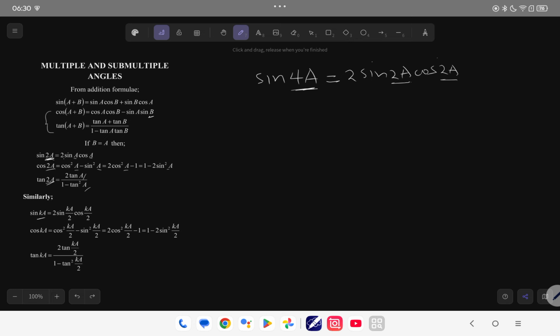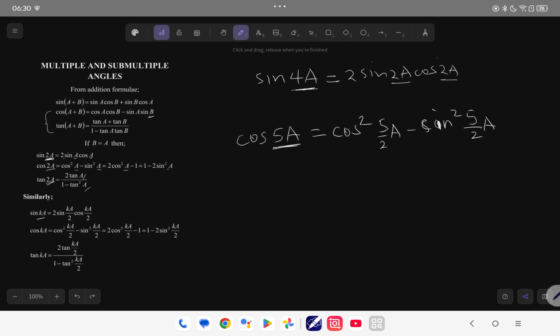If I have, for example, cos of 5A, I will just have to look for half of this angle. So what I can get is cos squared, half of 5 is 5 over 2, so 5A over 2, minus sin squared 5A over 2.